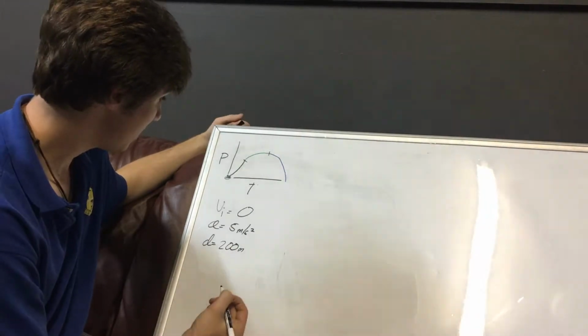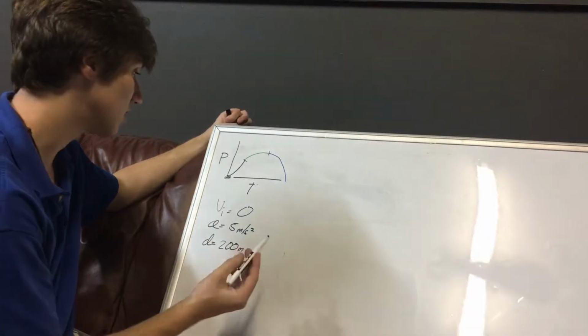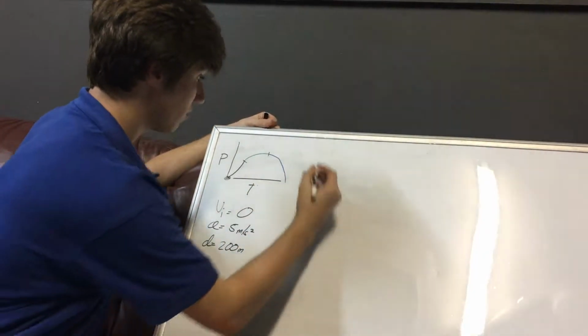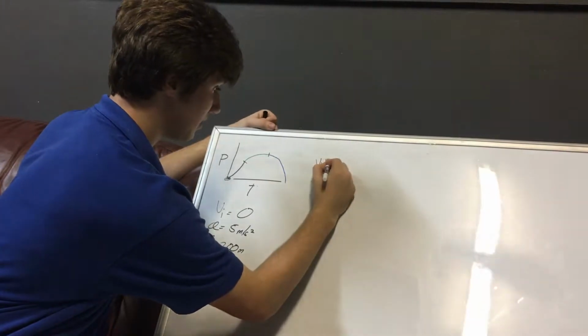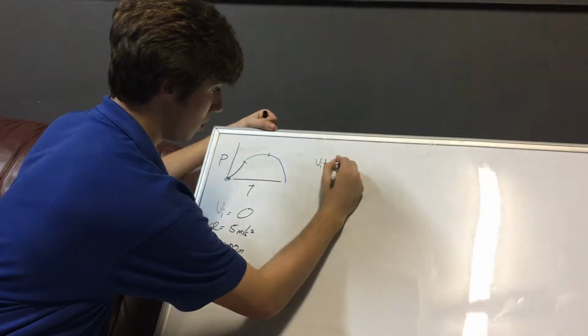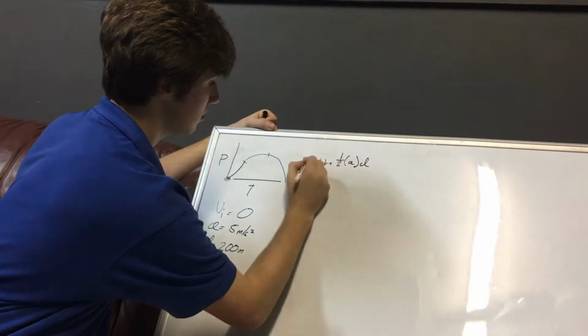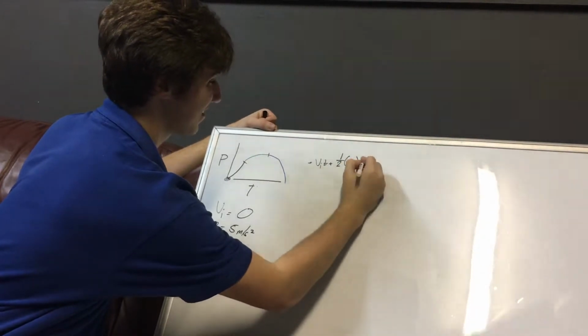So what we can do with this is find the time and the final velocity Dart had when he was there. So what we do for that is plug in D equals VIT plus 1/2 AT squared.